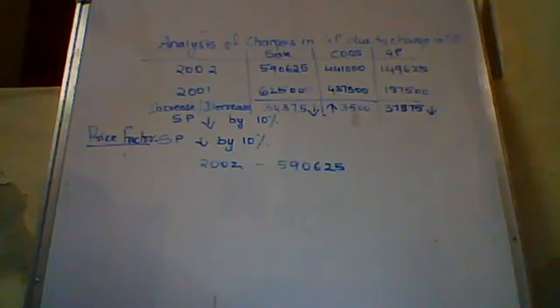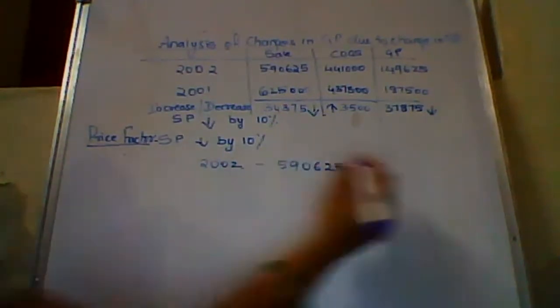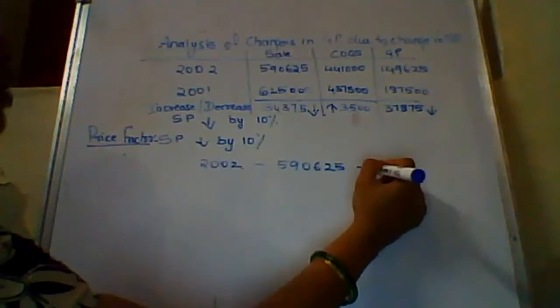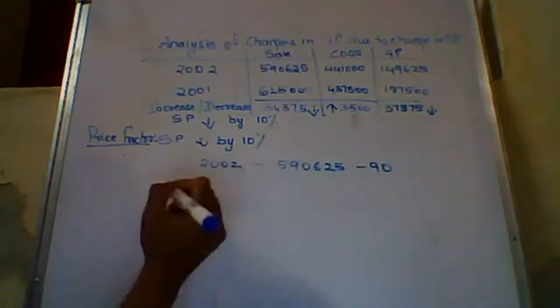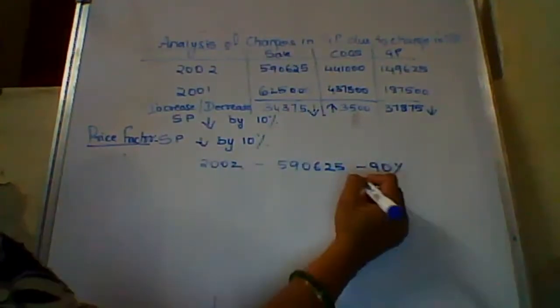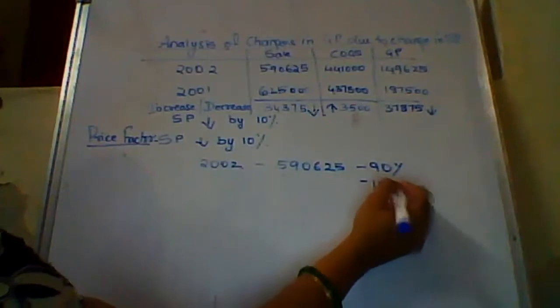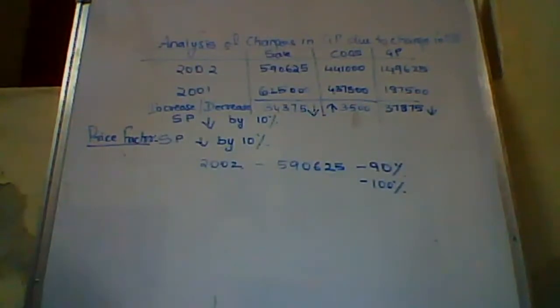Now what does he say? This particular 2002 amount is after the reduction of 10%. It means this is 90%. What you have to find out now is how much is 100%.